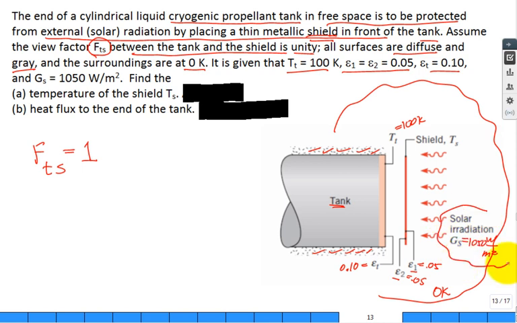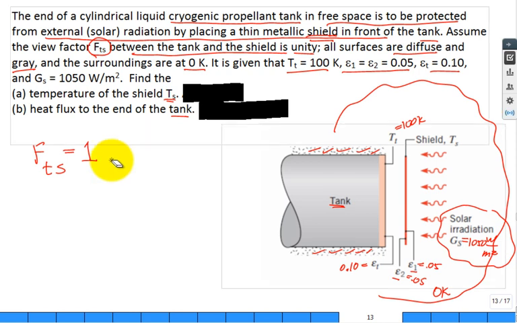So this is that solar irradiation, and the magnitude is given as 1050 watts per meter squared. Find the temperature of the shield, Ts, and then what is the heat flux to the end of the tank. How would we begin? First of all, you would reread that problem statement 3 or 4 times to digest everything that's given in it.